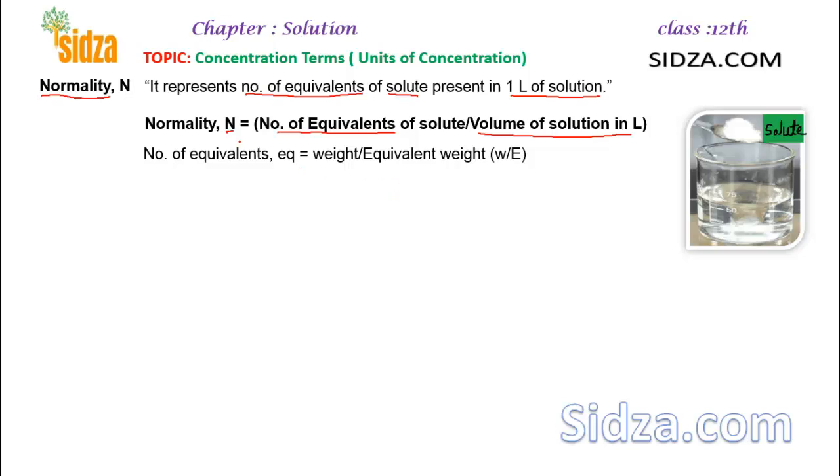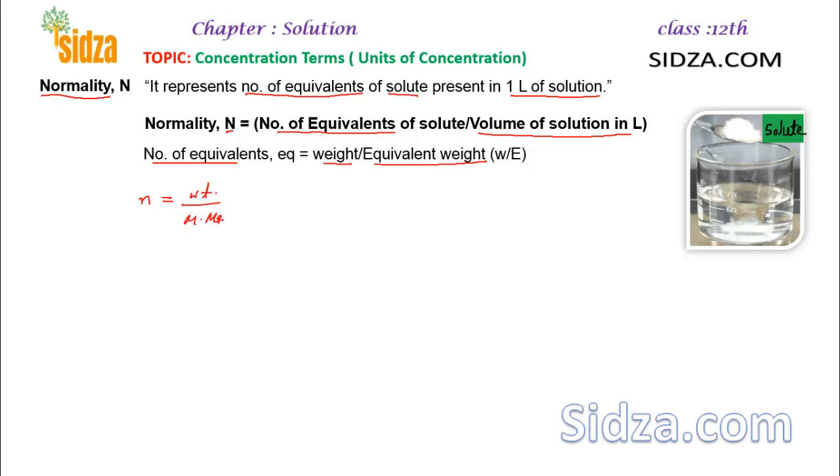And we know that if you want to calculate the number of gram equivalents, it will be equal to the weight of a substance divided by the equivalent weight. Just as, if you want to calculate the number of moles, it is always equal to the weight of a substance divided by the molecular mass.